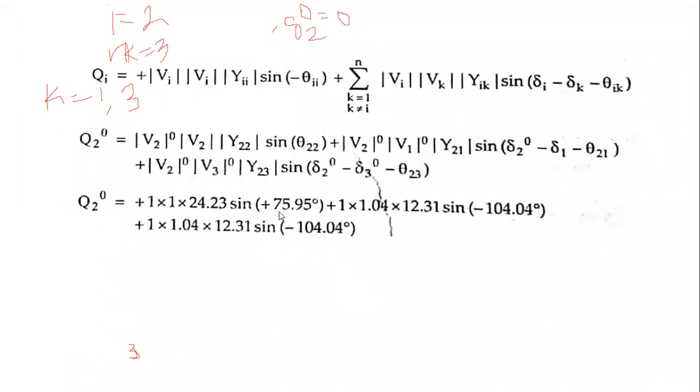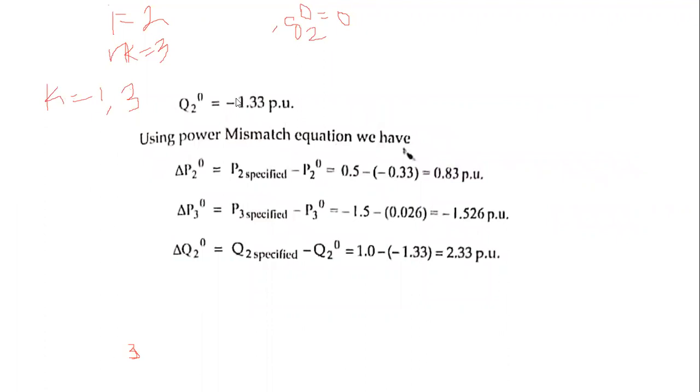Like this, we substitute all the values and determine Q2 of 0. Therefore Q2 of 0 equals minus 1.33 per unit.